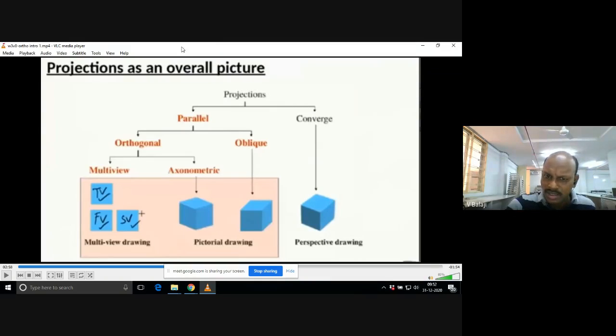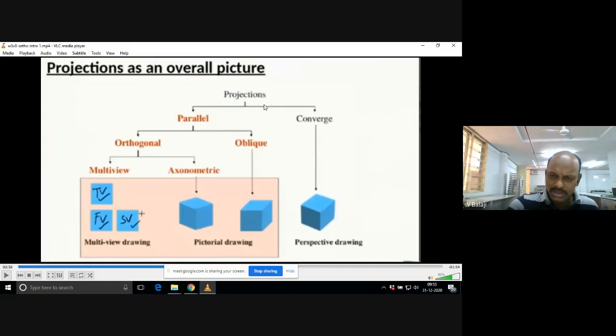All depends on the topic we are discussing now. Projections are all interrelated, so unit number 2, 3, 4, 5 are all depending on the concept. So that's why I'm going for a detailed overall picture. If you see projections, now we are discussing orthographic projection, isometric projections, right? So let us see the overall picture.